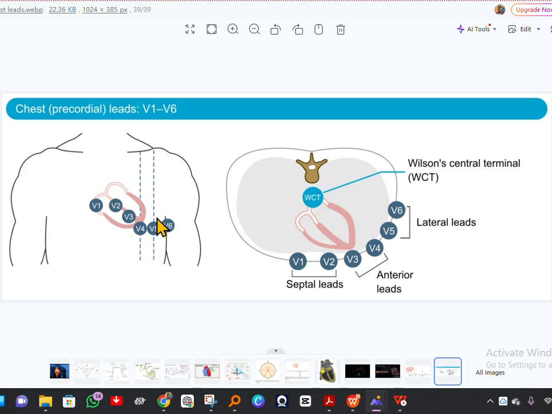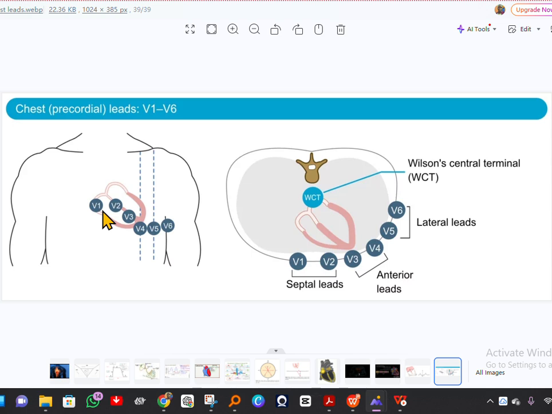And V1 is the positive. That is why for V1 and V2, for most of the depolarization of the ventricles, the depolarizing wave is moving away from these precordial leads. And as we said earlier, if the depolarizing wave is moving away from the positive terminal, that will be a negative deflection, because depolarization goes with positive, repolarization goes with negative.